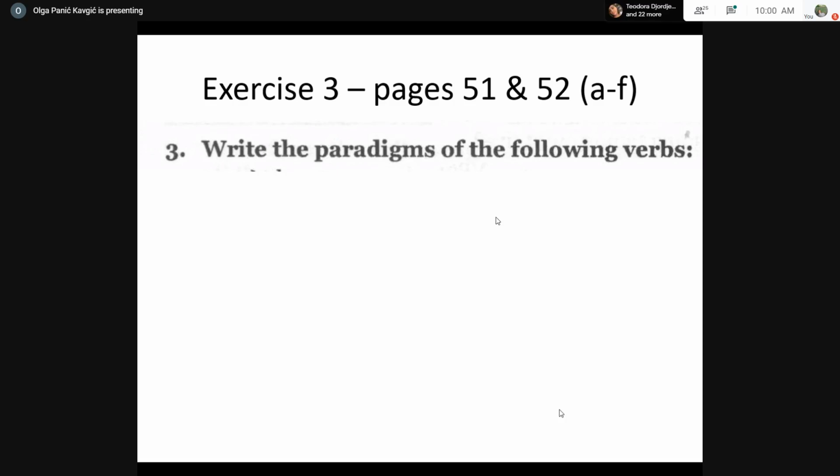So these five forms, base form, third person singular, past tense, present participle, and past participle, they form the verbal paradigm. Each and every verbal paradigm has to contain 5 forms, even though it might appear sometimes that there are fewer of them.